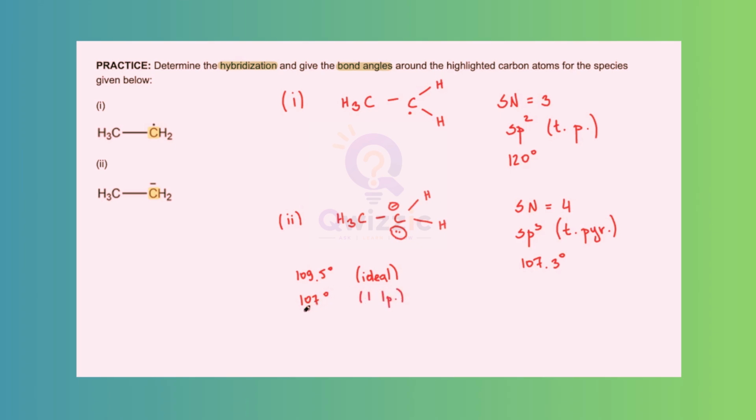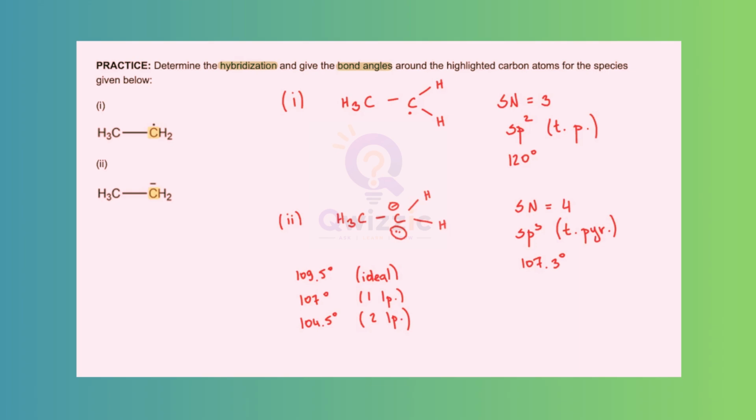And a famous example would be water. We subtract 2.5 degrees and we get around 104.5 degrees for 2 lone pairs when it comes to tetrahedral electronic geometry. In this case, the experimental angle is about 107.3 degrees. And that would be it.